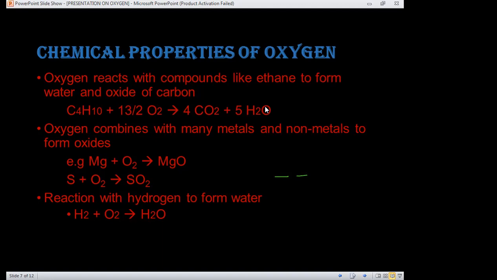So for instance, look at the first equation given. Oxygen combined with magnesium to give us magnesium oxide. Magnesium is a metal, while oxygen is a non-metal, to form magnesium oxide, which is an ionic compound. Then we have sulfur, which is a non-metal, reacting with oxygen to form sulfur oxide. So you can see that oxygen has that ability of reacting with both metals and non-metals.